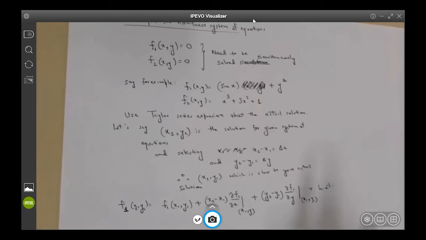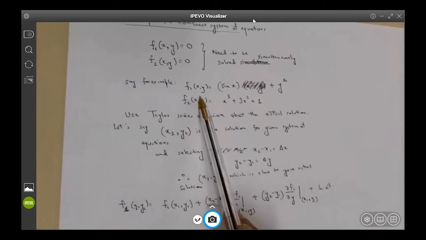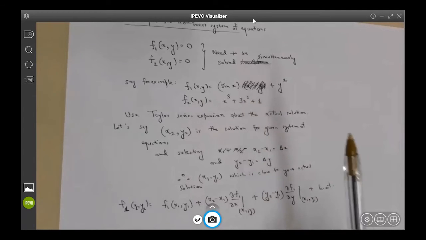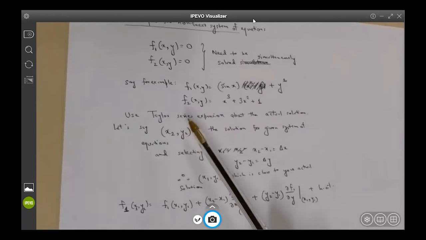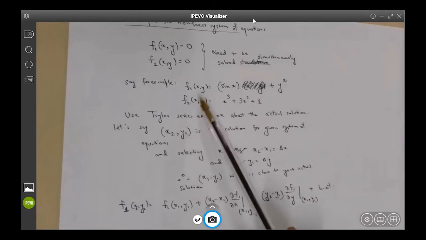So I have a nonlinear system of equations, and there are multiple variables, x and y. It's not a single variable. There is more than one variable, and you need to find a solution for that. That is, you need to find a value of x and y, which I'm calling x2, y2, that satisfies both of them.